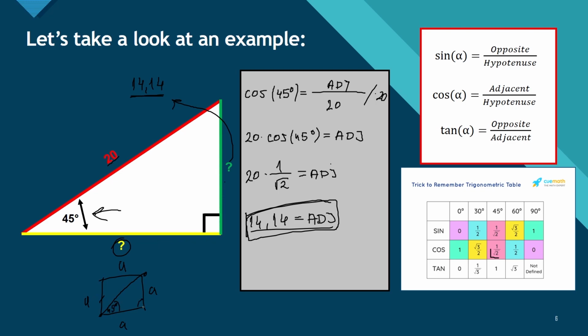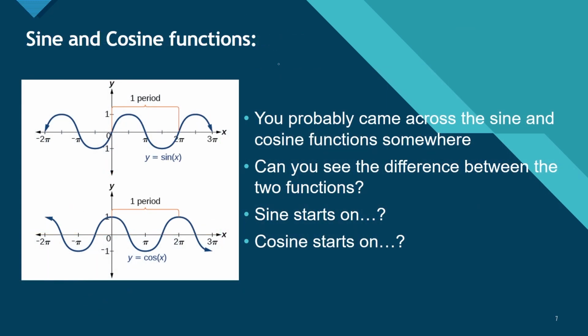And of course, if this is a right angle, which it is, this is also going to be an angle of 45 degrees. So this is basically a square that is sliced. We saw that from the trigonometry functions, and when we calculated both the sides being equal. So we saw how we use this in practice.